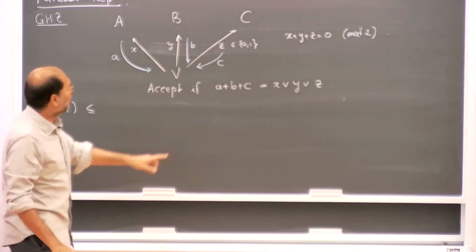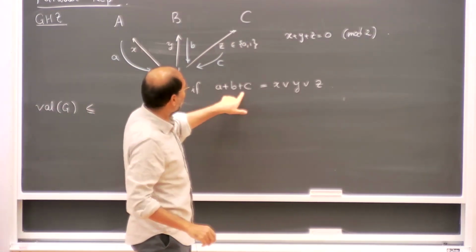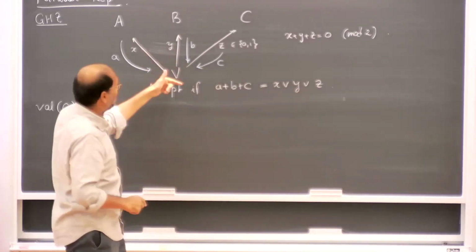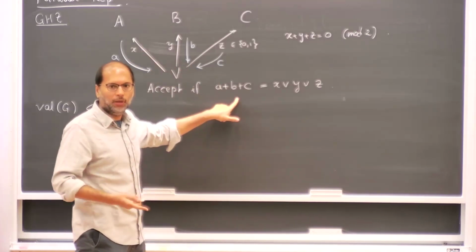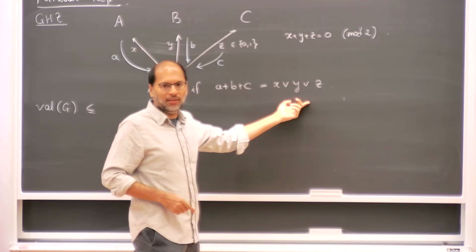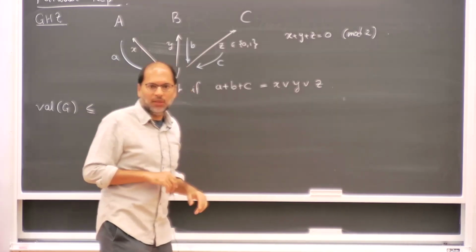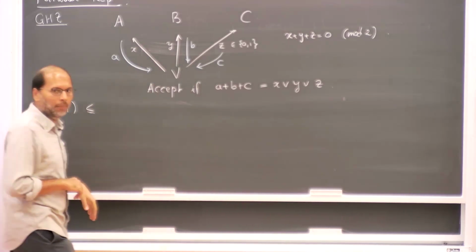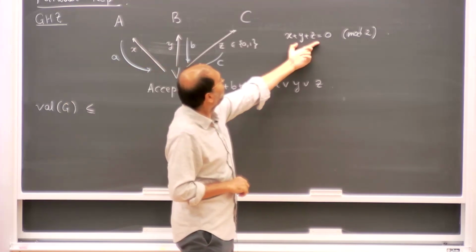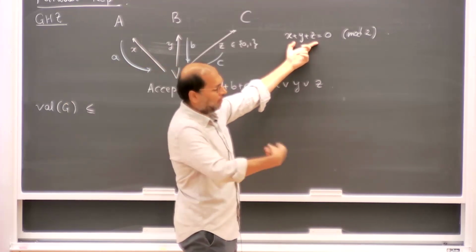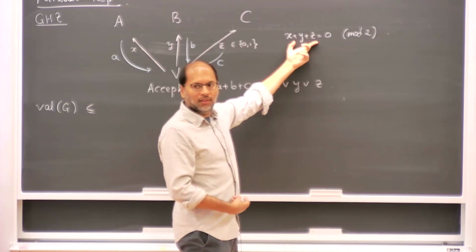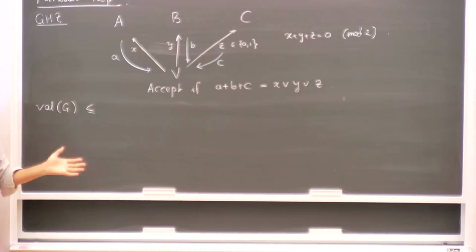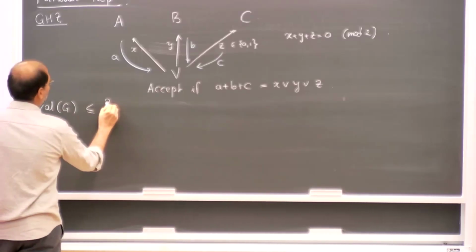Now, if this acceptance predicate was simply A plus B plus C equals X plus Y plus Z, then the provers could return the same answer and they would make it accept with probability 1. But because of this non-linearity, you can't hope for a strategy with success probability 1. On the other hand, since there are only 4 possible question triples, you can easily devise a strategy where the provers get it correct 3 out of 4 times. And indeed, the value of the game is in fact 3/4.